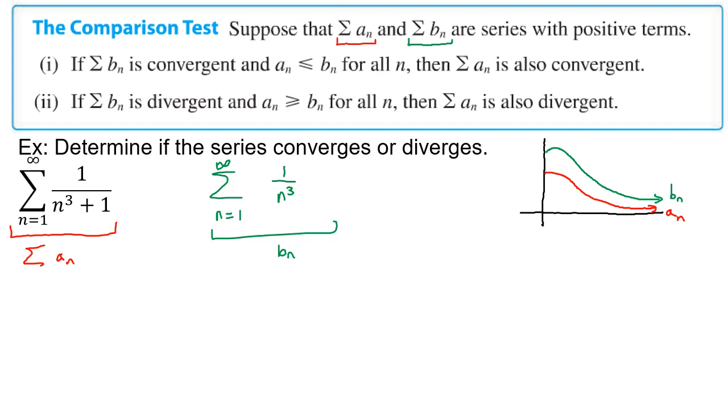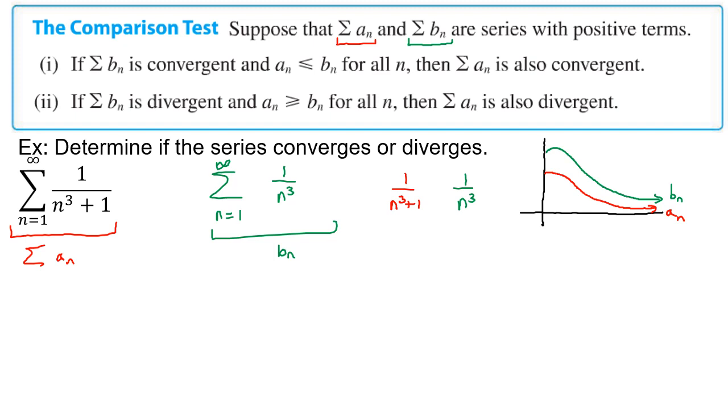Well, you have to make sure of our stipulation, you're only going to end up with positive terms, which is going to be true. If everything's added, you're going to end up with positive terms anyway. And then you also have to make sure that your inequality is correct. So for our b sub n, we need to compare the 1 over n cubed and the 1 over n cubed plus 1, and see what happens with those terms.